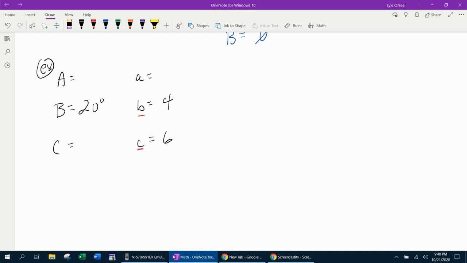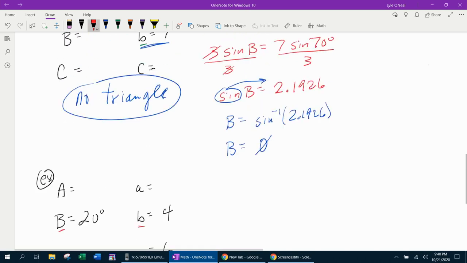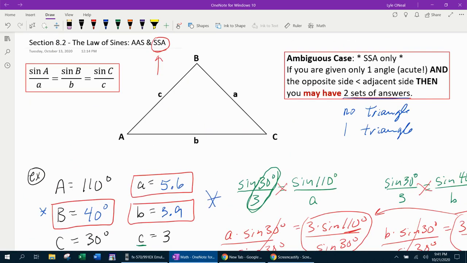Remember, for it to be side angle side, all three letters would have to be different. So we would have needed to have been given angle A for it to be side angle side. Then we would be given A, B, and C. But since we're given angle B, this is a side-side angle setup. All right, so remember, if you're given a side-side angle setup, you have to check to see if it meets the criteria for the ambiguous case.